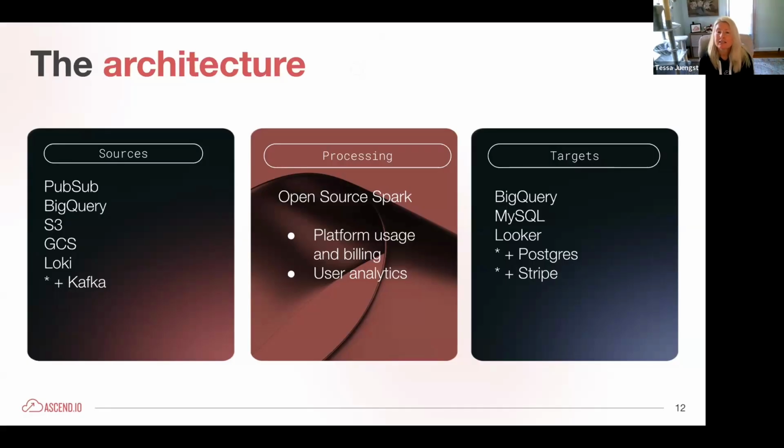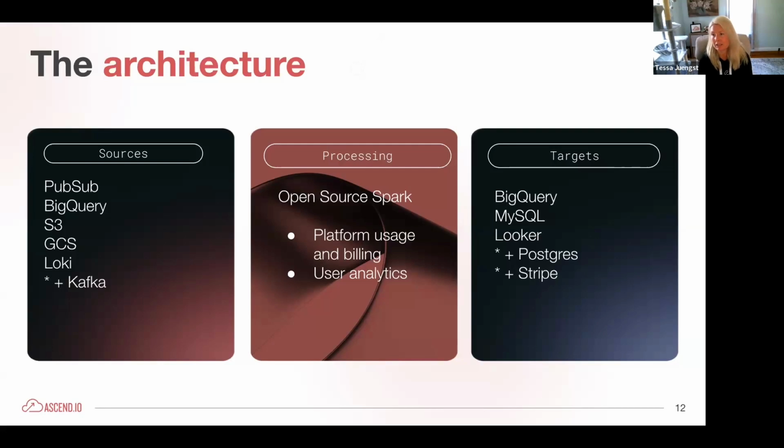And then for the targets, we're loading data into BigQuery for analytics. MySQL we're using for our end users. That's where your observability data is stored. So when you go into the Observe tab, you're seeing all of those graphs coming from the processed data, showing up there in MySQL.